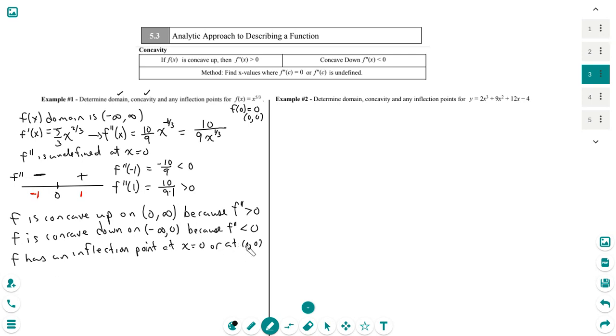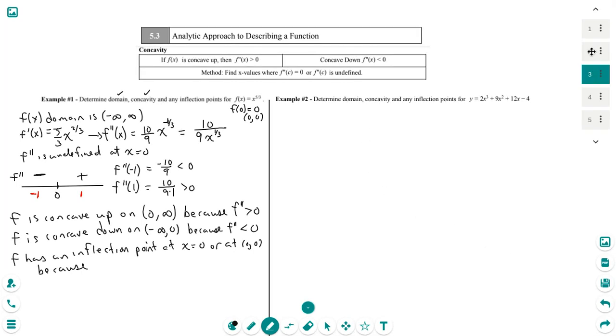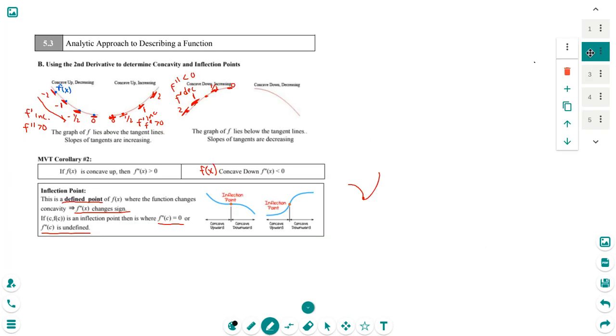So f has an inflection point at the origin because, and we have to give a reason. Okay, so how do we know it's an inflection point? Just to recall from the previous video, we get an inflection point when the second derivative changes sign. That's what we're looking for.